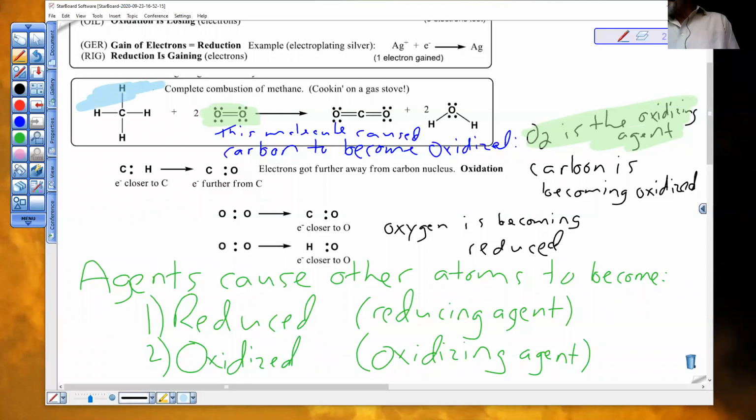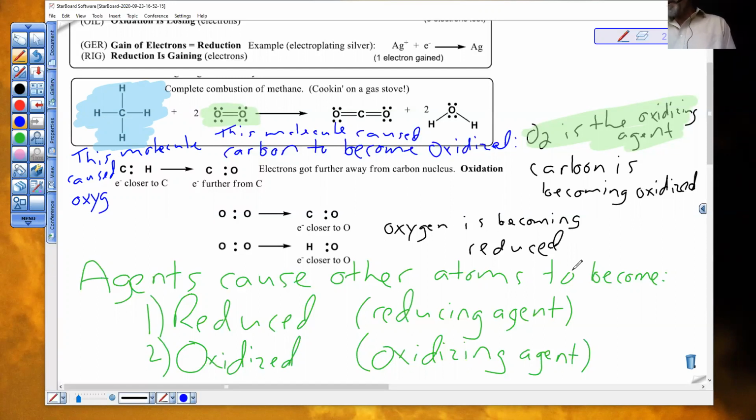Okay, the other molecule. This molecule, what did it cause oxygen to do? Got to slow down. This molecule caused oxygen, what happened to oxygen? Look at the second sentence over here. Oxygen is becoming reduced.